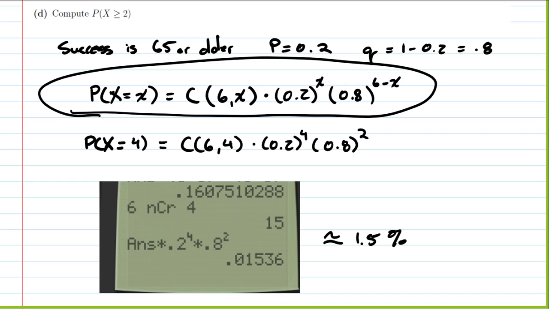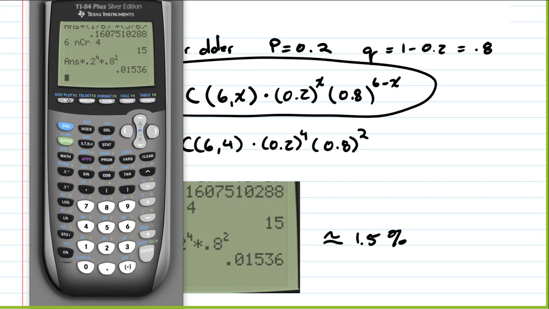So if we press our y equals, remember, probability random variables are just functions, right? So we can go parenthesis, and we're going to go 6 math choose x, close our parenthesis, times 0.2 to the x times 0.8 to the 6 take away x, right?